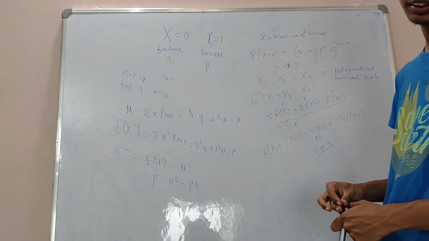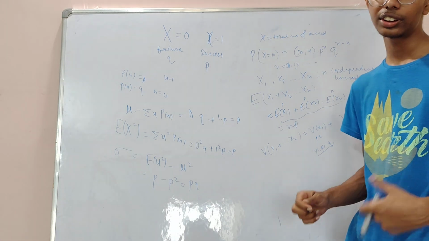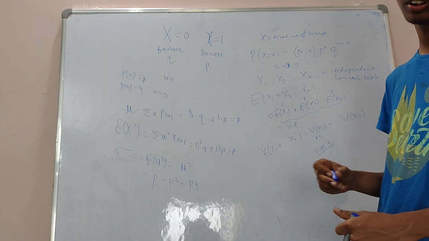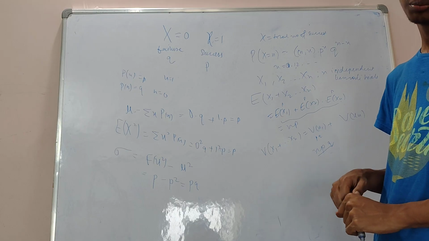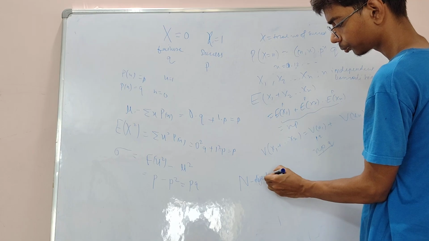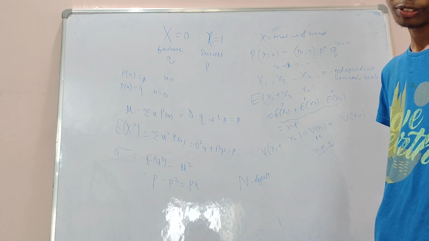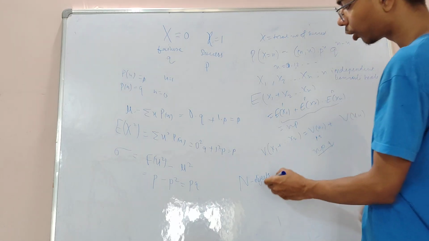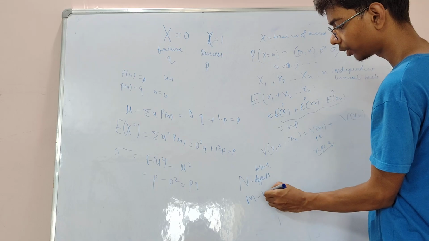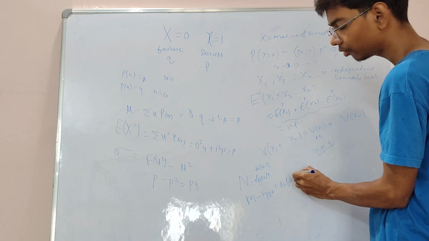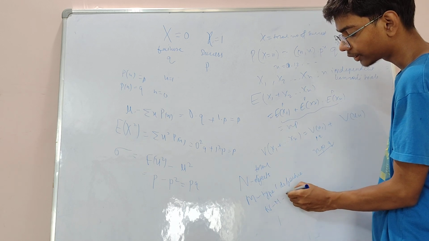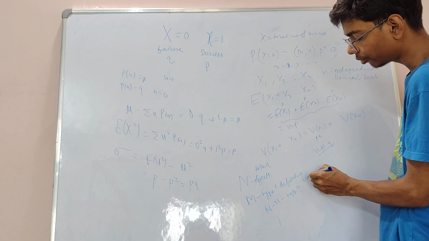Now what is the hypergeometric distribution? The hypergeometric distribution is used when sampling is done without replacement from a finite population. For example, drawing balls from a bag without putting them back. Suppose there are capital N total objects, and there are capital M of type 1, suppose defective, and then N minus M of type 2, non-defective.